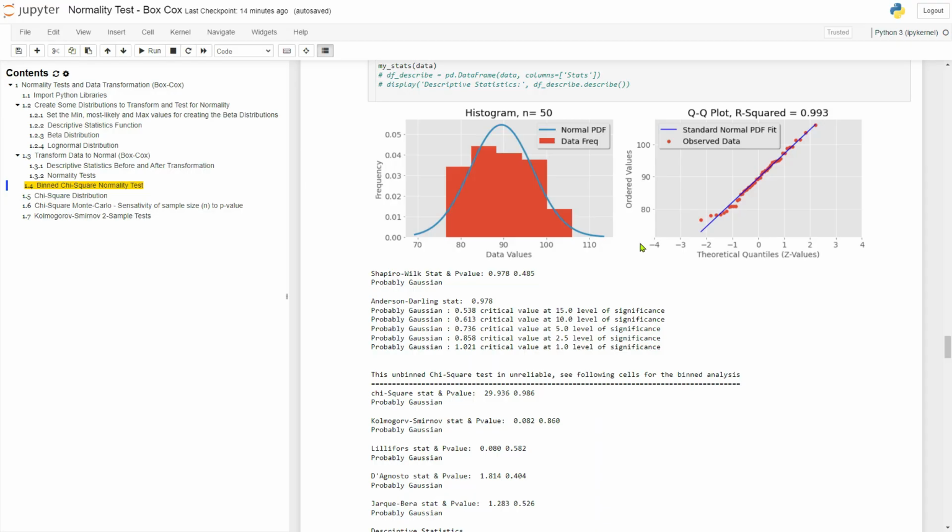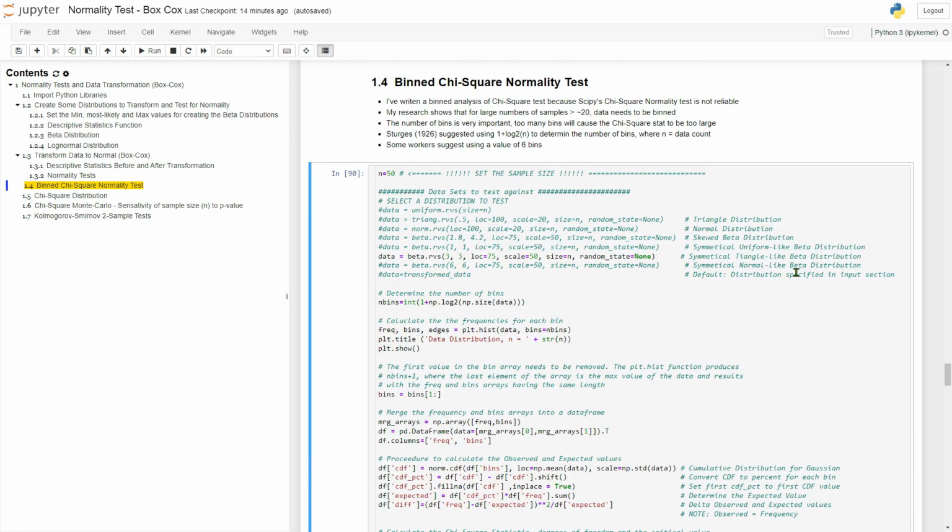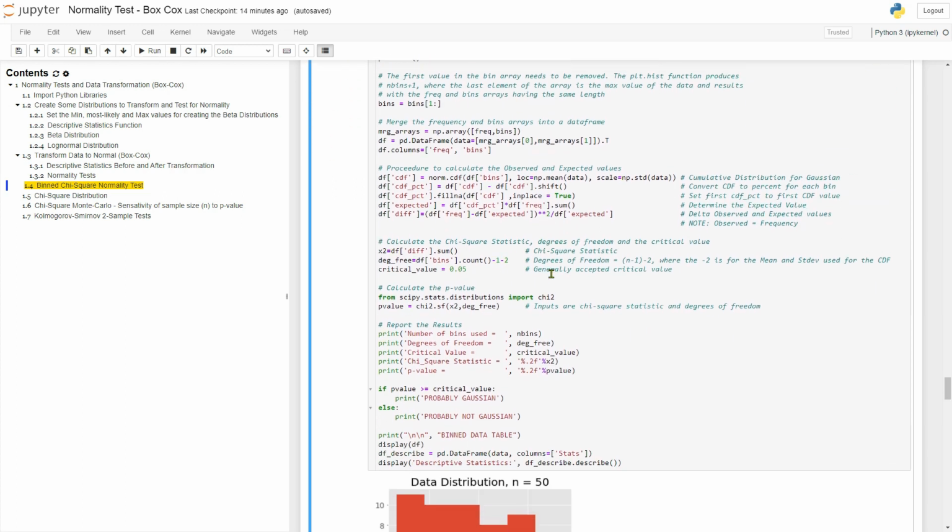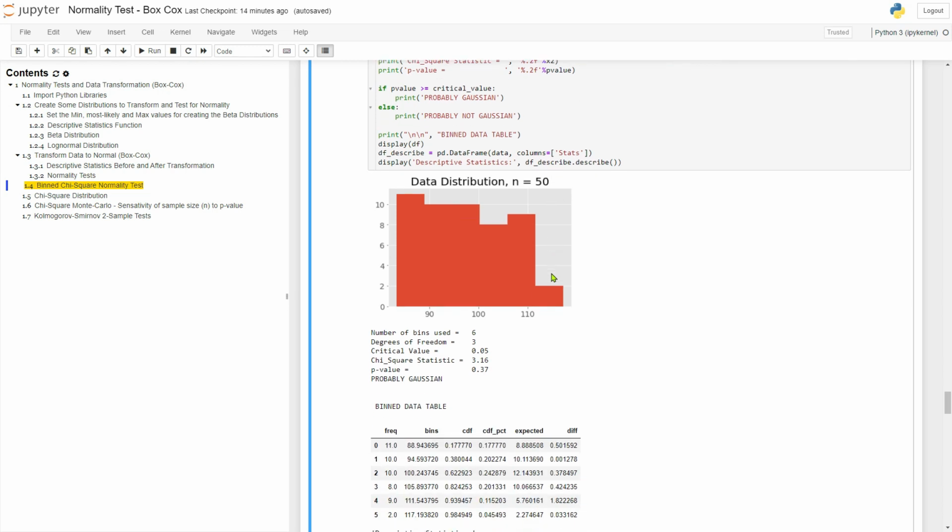As I had mentioned earlier, the chi-squared distribution with the default function in Python doesn't seem to do an adequate job. So I've written a script that bins the data and then does the chi-squared analysis. And here's the script. And here's a solution for the same data we saw above with 50 samples. And it tells us that it's probably Gaussian.